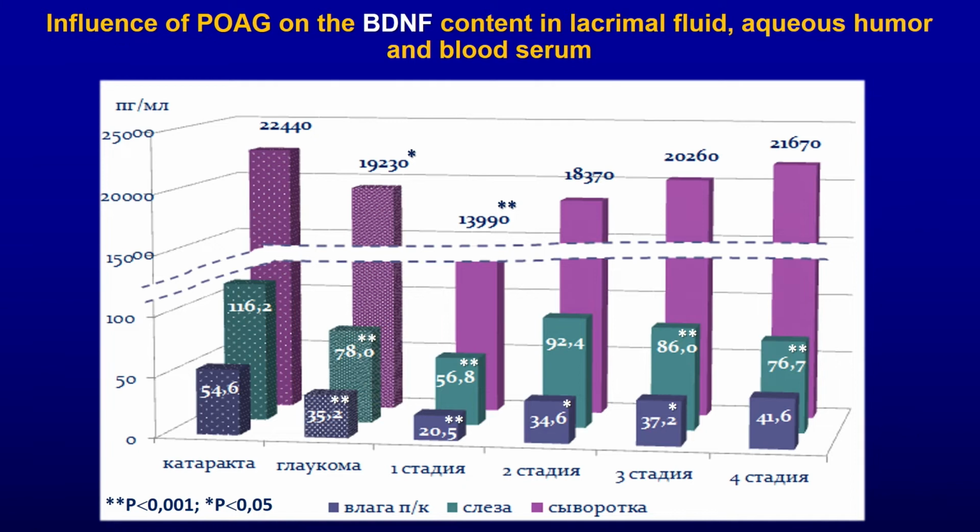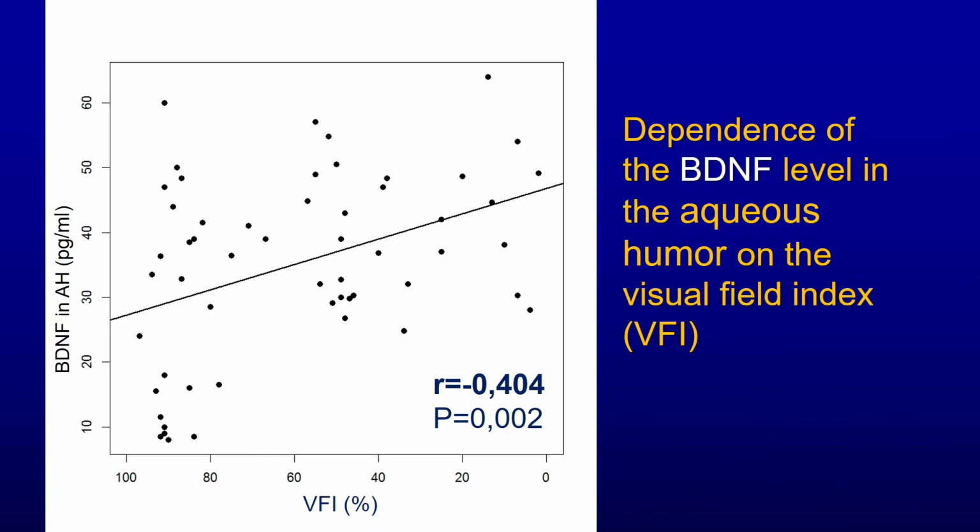It appeared that the maximum reduction, and in fact, not only in the fluid, but also in serum, so that means in the whole body, the maximum drop was reported in the very initial stage. And then we see a continuous increase of the concentration that never reaches normal levels where patients have cataracts but no glaucoma.